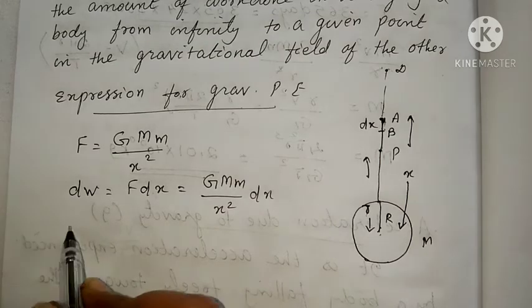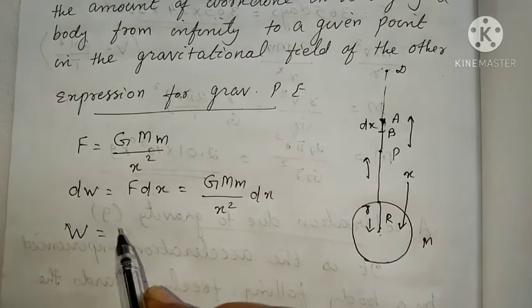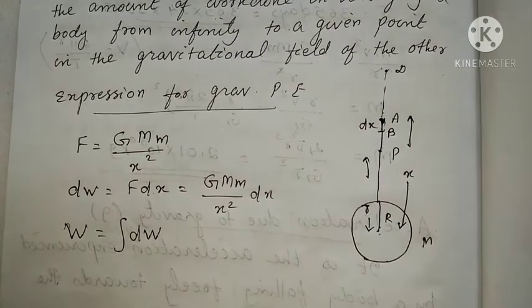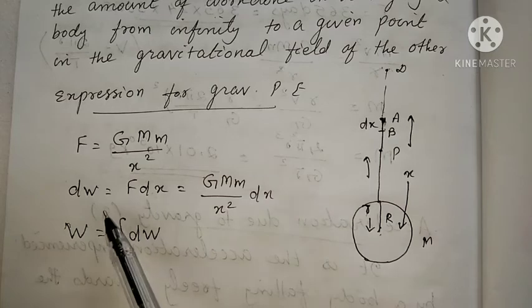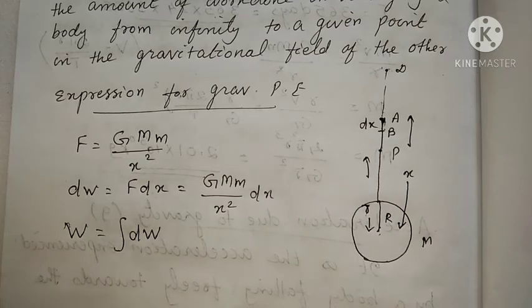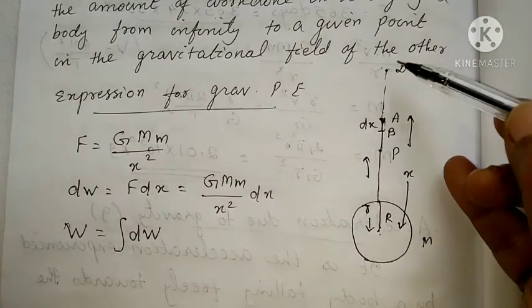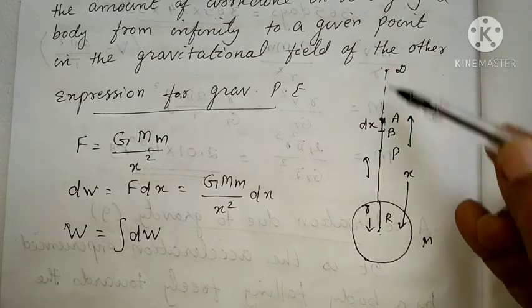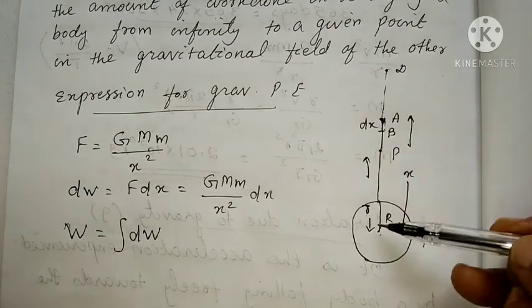So, the total work done is equal to the integral of dW, because the force is not constant. We integrate the small work done dW from infinity to the point P.